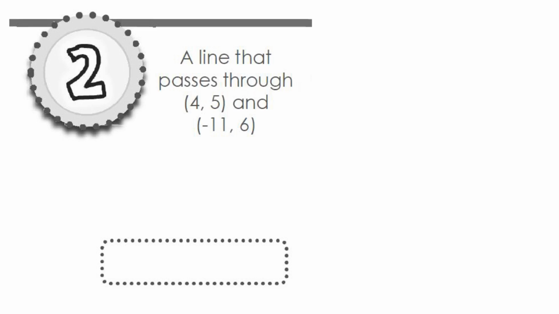Here's a different type of question that you might see. It says, just write the equation of a line in point-slope form for a line that passes through these 2 coordinate points.